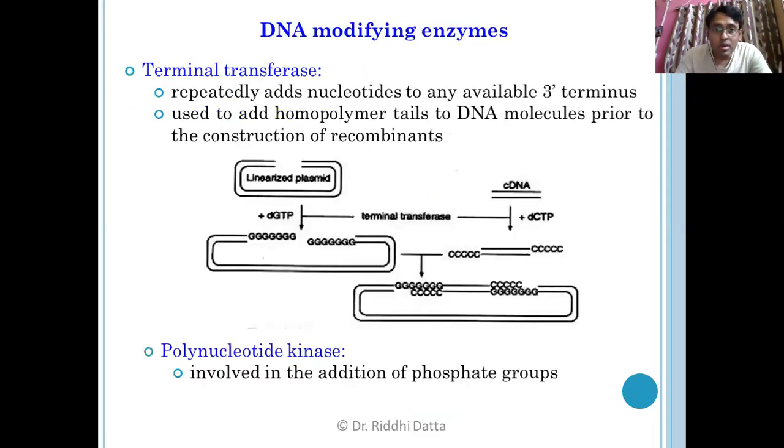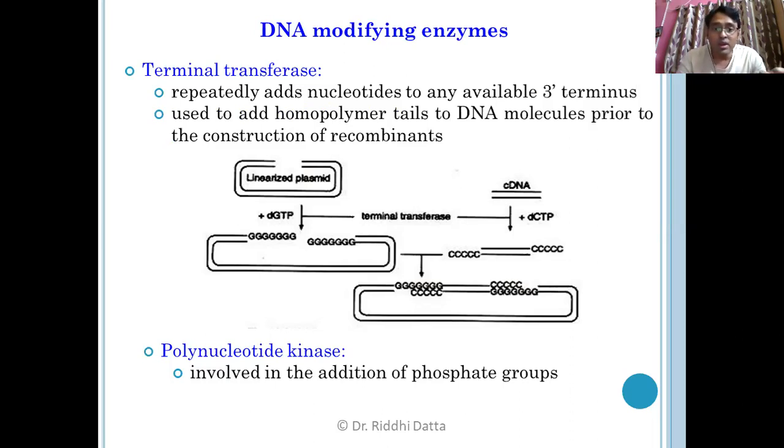Now, the second group is the terminal transferase. Here we can add a homopolymer or nucleotides at the 3' terminal. Terminal transferase means the transferase activity of the enzyme will be shown at the 3' terminus or 3' end of the vector.